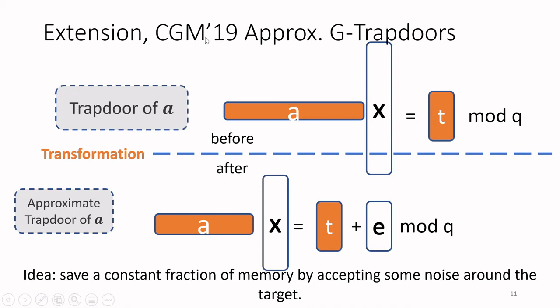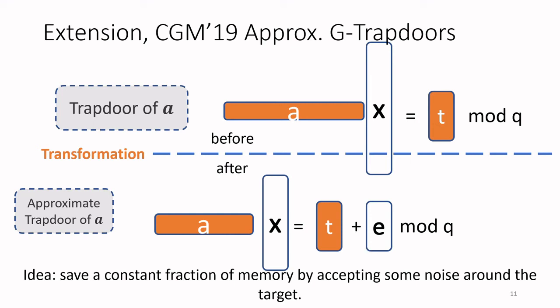And the point of the paper in 2019 by myself, Yilei Chen, and Porter is that we can save a constant amount of public key memory and bandwidth on the signature size if we just allow some small error in the range of the SIS function.